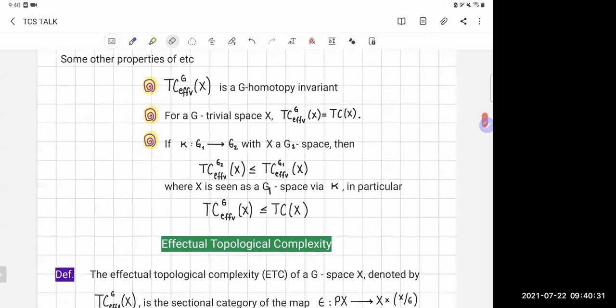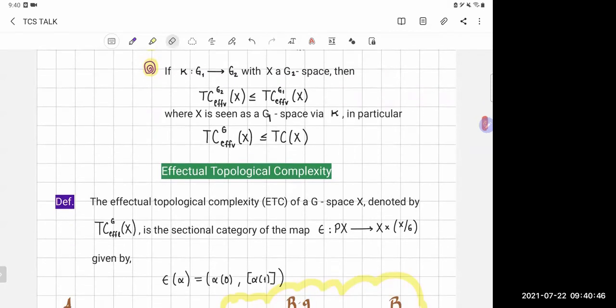In particular, we have the inequality that our effective TC is less or equal than the standard version of the TC.